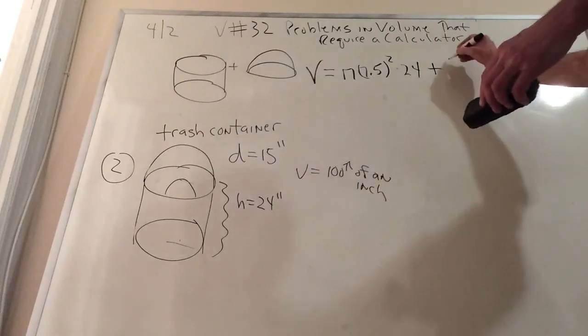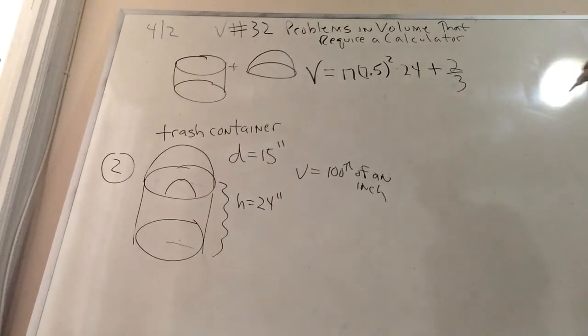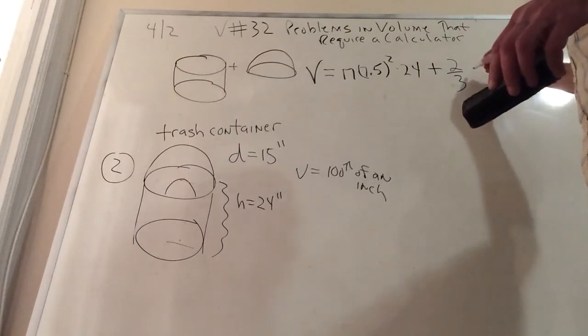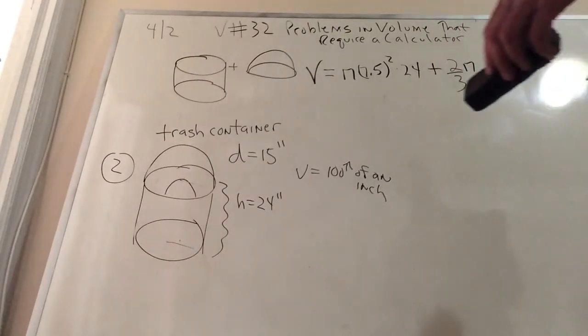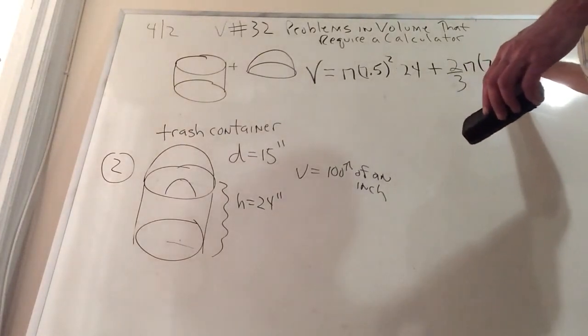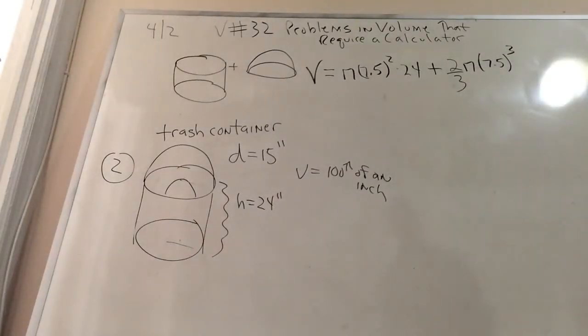And so this would be 2 over 3. Don't make a common mistake and write 4 over 3. It's half a sphere, and there's the pi that makes everything irrational anyway, and it's going to be 7.5 cubed. So there it is. You're just plugging in numbers, and you're going to get your inches here.